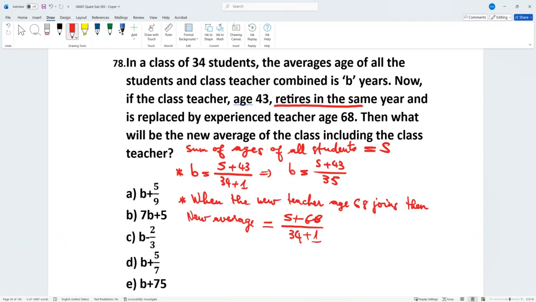So we can have 34 plus 2 here, because this will only take into account the new teacher, the experienced teacher that has joined, and minus the old teacher, who was 43 years. Sorry. Okay. So here, that is the new average, which is S plus 68 over 35.